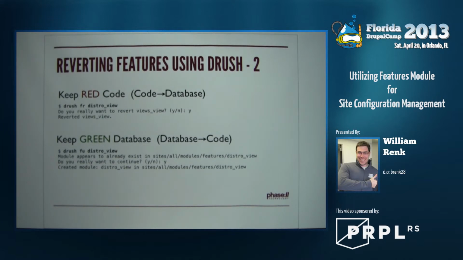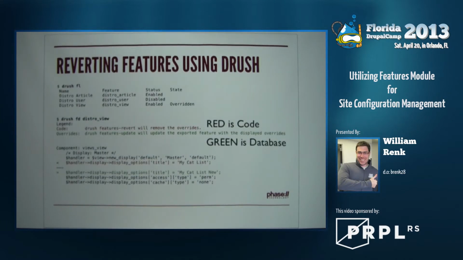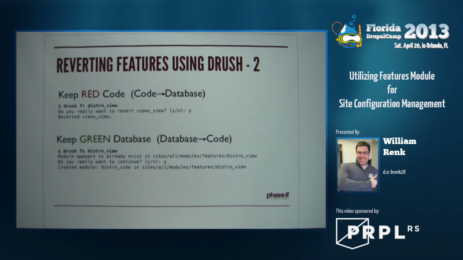The things that were highlighted in red in the previous, that's what's in the code. And what's highlighted in green was the override that was made through the UI. So depending on if it's a change you want to keep, you'll either revert it or update it.